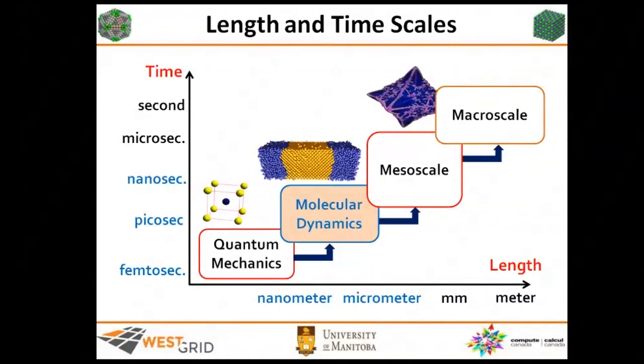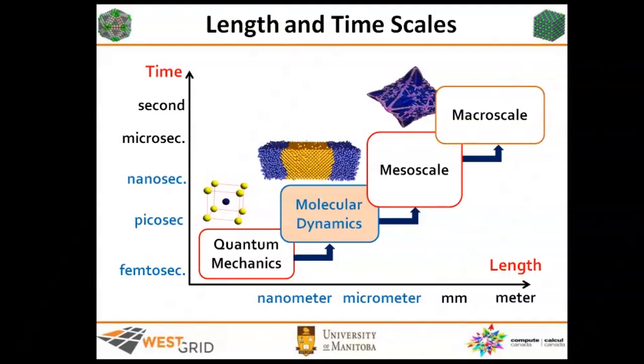If you go further for large length scale, macro scale, for example, if I use phase field theory, phase field theory uses some parameters that are determined using MD simulation, for example diffusion constant. Now, in this webinar, we'll just talk about classical MD simulation.